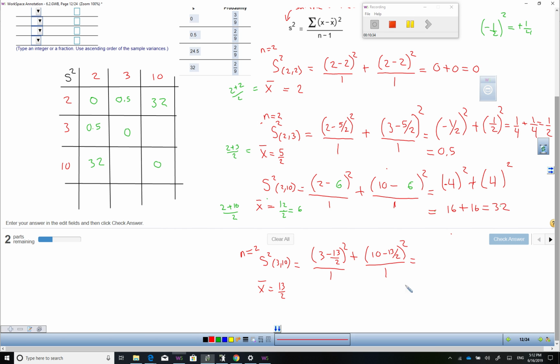Okay, so 3 minus 13 over 2 is negative 7 over 2, that is to the second power, minus, I'm sorry, it's plus. Plus 10 minus 13 over 2, that will be 7 over 2, again to the second power.